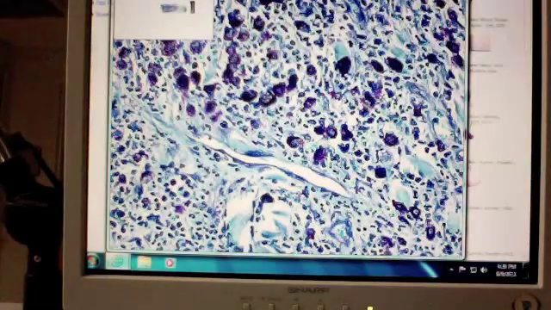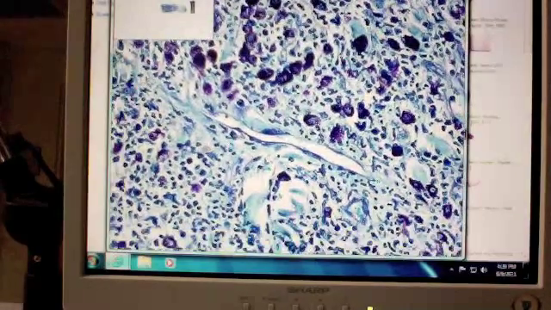Remember, now we have this ginormous cell, but look at the size of the nucleus. Where the top of my pointer is, that is the nucleus of the cell. The rest of this is cytoplasm. So the cytoplasm here is chock-a-block full of granules.